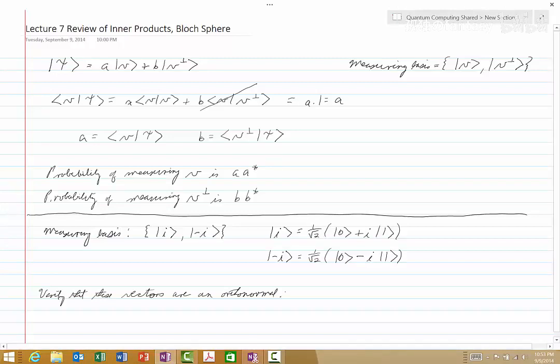But I'm suspecting that some of you may have difficulty in verifying this, and so that's what we want to address with this review. So stop the video now, try to verify that these vectors both have an inner product of 1 with themselves and 0 with each other, and then when you're done, let's all come back and look at this together.